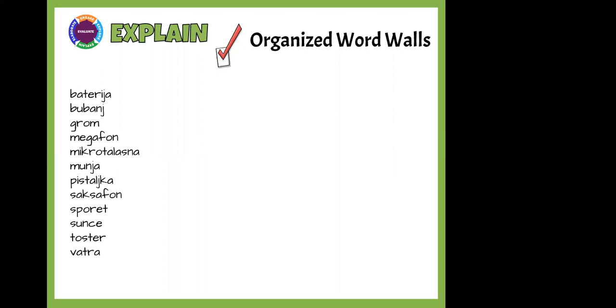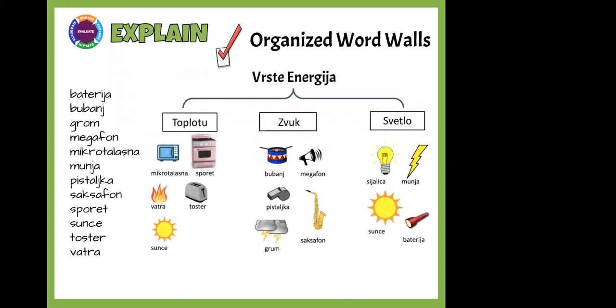I don't know if you understand them, but let me show you what happens as soon as I add pictures and organize them. Our brain always looks for organization. Our brain wants to be organized, right? I'm hoping at this point you already kind of know what I'm talking about. I'm talking about energy.